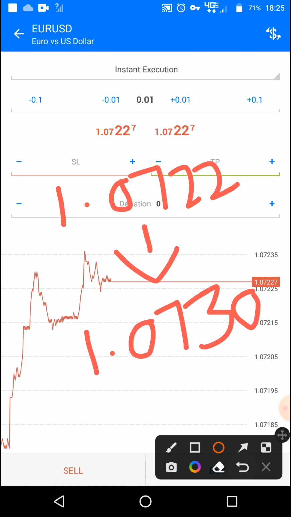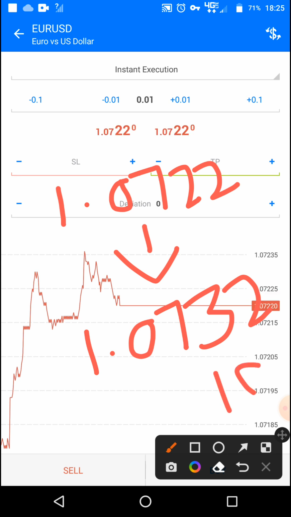Okay, if it's supposed to be 1.0732, you see that it's an additional 10 pips. Okay, 10 pips has been added to this one over here.